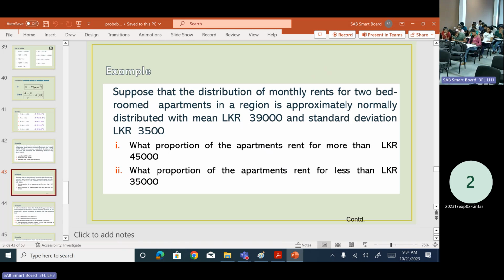Right. So what should be the variable, or what is the variable here? If it is normal, have they given us the parameters? If so, what are the parameters?